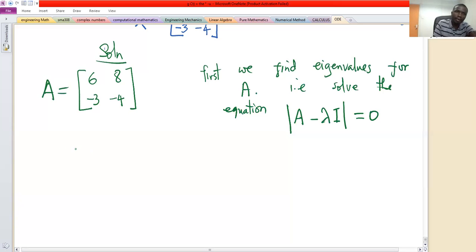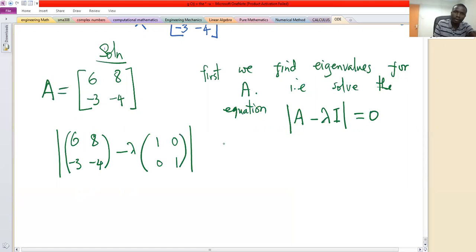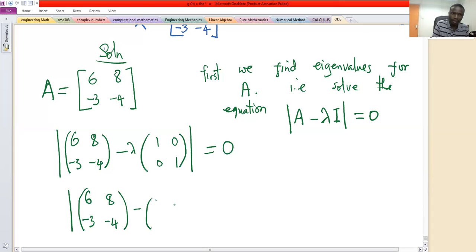Now, the determinant of A minus lambda I will be the same as the determinant of 6, 8, minus 3, minus 4, minus lambda times the identity. I is determined by the order of the matrix we're dealing with. Because it's a 2 by 2, we need an identity of 2 by 2, so lambda multiplies everything and we have lambda 0, 0, lambda.